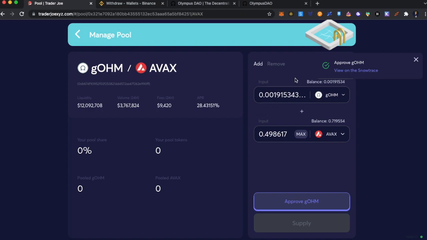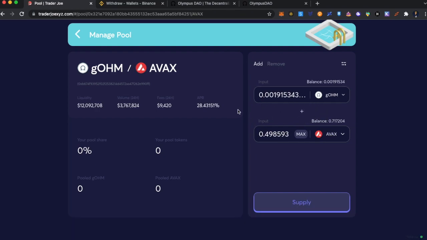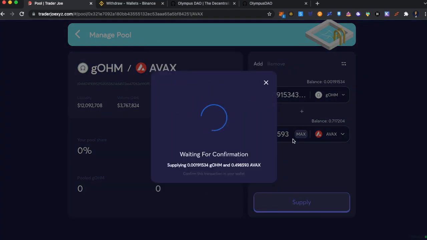Say gOHM goes really high and the AVAX token dumps, you really don't want to lose your gOHM. So you've got to be a little careful when it comes to liquidity mining. Impermanent loss is a bit of a challenging thing. Okay, I'm going to supply this.